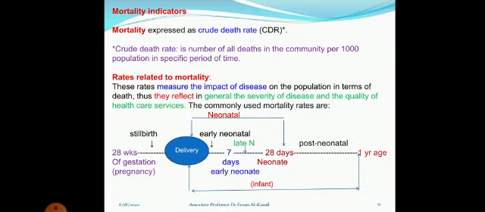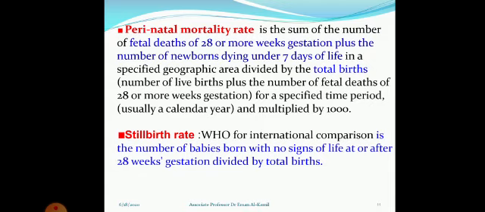Some books mention 1 month. So this is a quick explanation of these periods, which may make it easier for you to know these terms, and we are going to discuss them later.